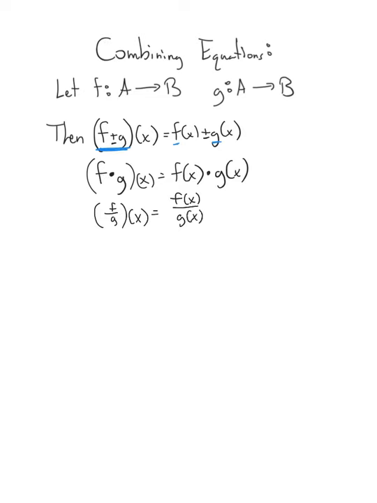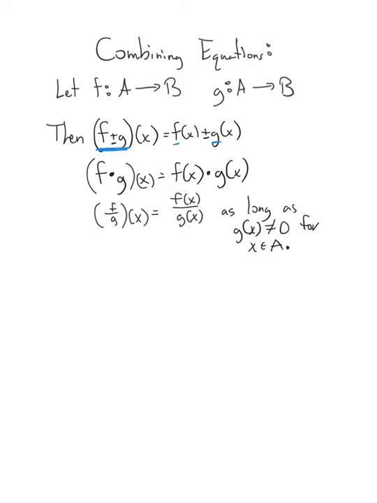We have to be careful here, as long as g of x isn't 0 for any x in A. Because you can't divide by 0, and we don't want a function that kind of screws up for us.